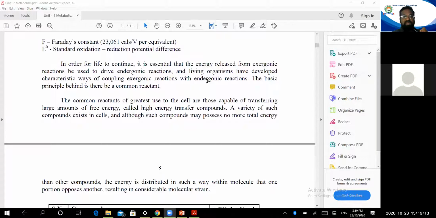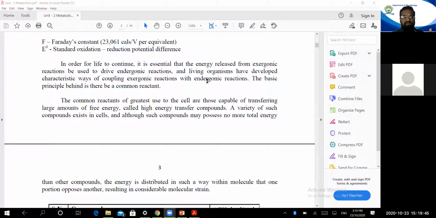So all those reactions which are referred to as biosynthetic reactions, where some sort of molecule is being synthesized in the cell, it may be a polysaccharide, it may be a protein, or it may be nucleic acid, whatever the cell synthesizes, a cell manufactures a chemical molecule inside itself, that reaction will be endergonic in nature. That reaction is going to use some amount of energy in the cell.